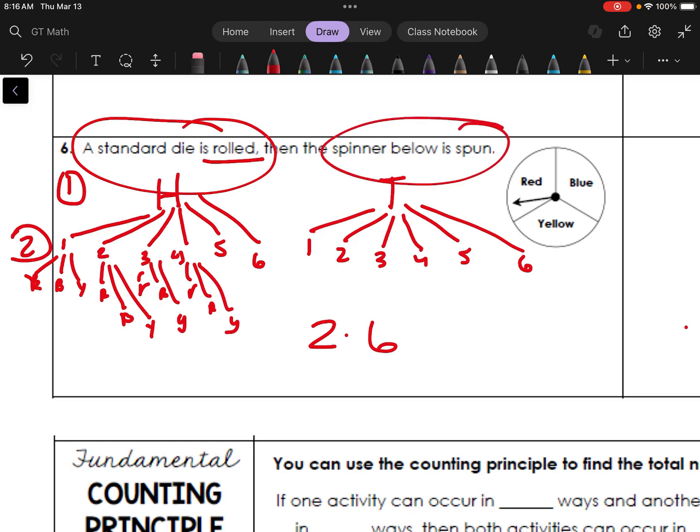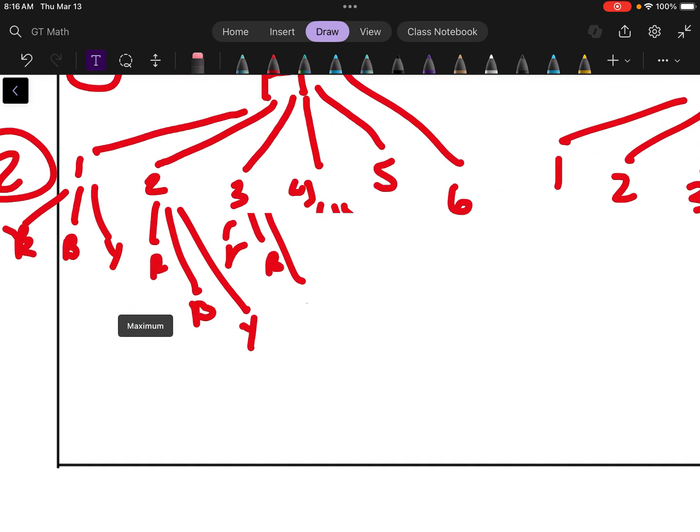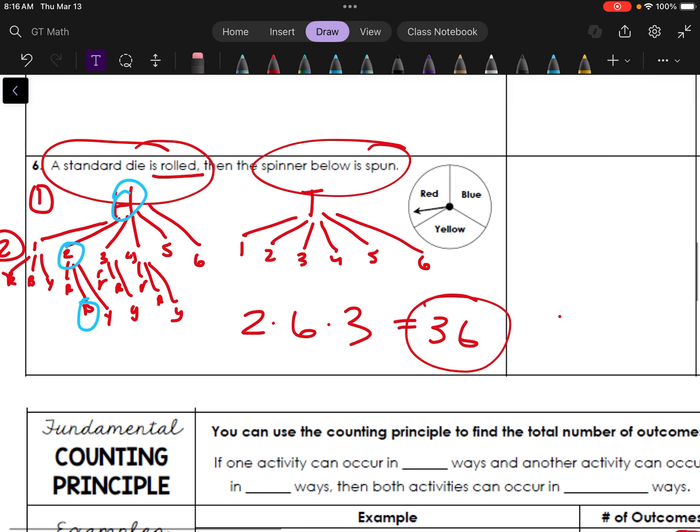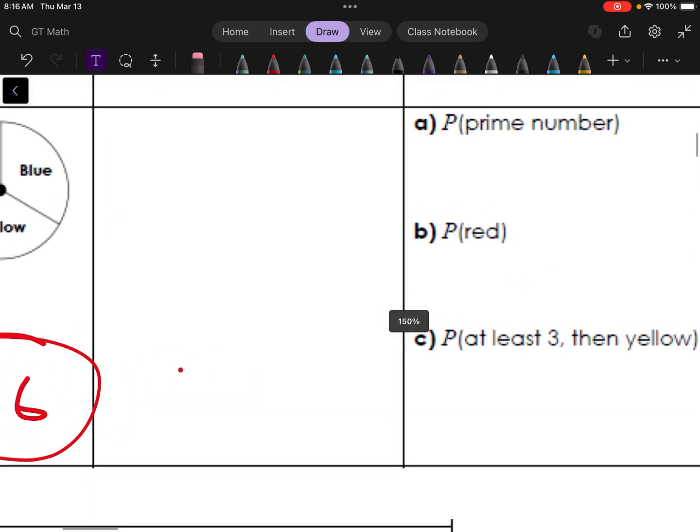And then a spinner below is 3, and I could easily figure out 2 times 6 is 12. 12 times 3 is 36. 36 total outcomes. Remember, the tree diagram is only to tell you every specific one, such as heads, a 2, and blue. That is a specific outcome, okay, which would be part of the sample space, okay?